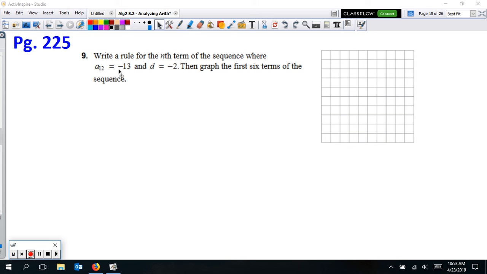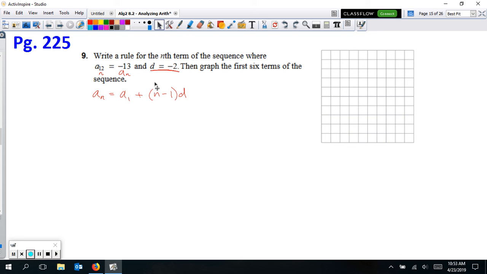So what we know here is we have a of 12 is equal to negative 13, so that right there is your n. The 12 is the n, the negative 13 is the a of n, and here's our d, our common difference. So when we're actually looking at that formula again, here's our formula. We have a few things here. We have a of n, a of 1, n, and a d.